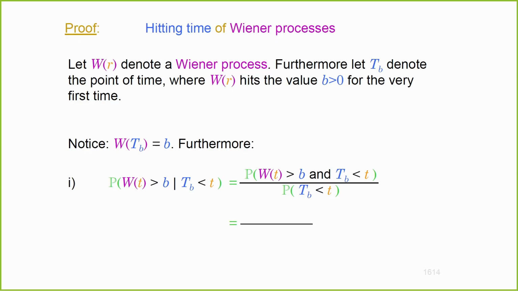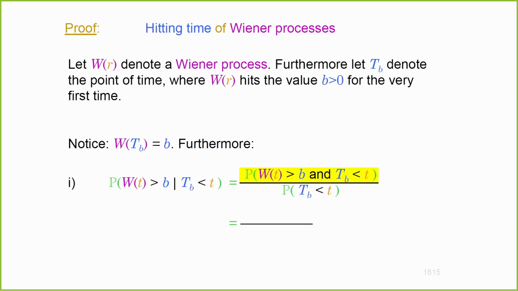So first off, you need to understand the intersection of the two events, where the Wiener process at time point t, the current point of time, is already greater than b. If it's already greater than b, then it has already passed b. If it has passed b at time point t, then the hitting time must have happened prior.